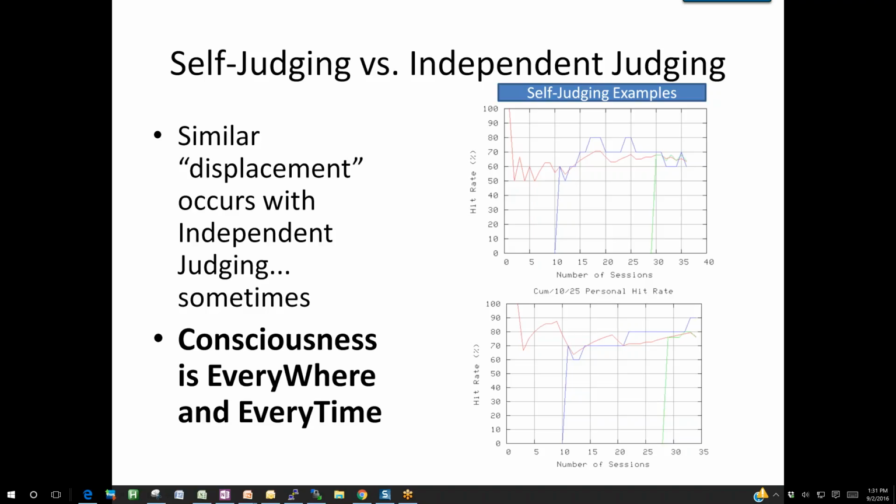And in many cases, in fact, almost all the cases, now that I think about it, it is all the cases where I've gone back under this type of situation, I've reversed my choice, and it's turned out to be correct. So this idea of self-judging, I don't believe you can do that as well with an independent judge.